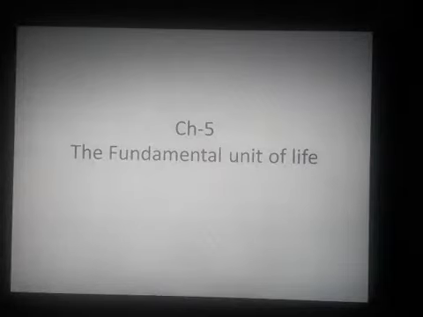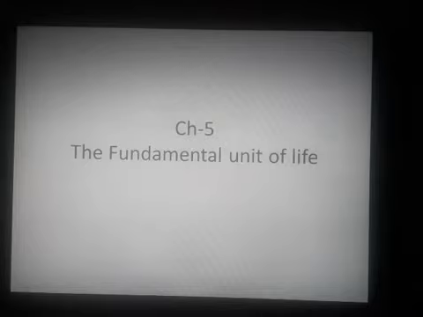We are on chapter number 5, the fundamental unit of life. Just a quick recap of what we have done earlier. We started with the basic definition of a cell, then we studied the timeline of the discovery of the cell, the difference between the compound microscope and the electron microscope, then how shapes of cells are related to the function they perform.